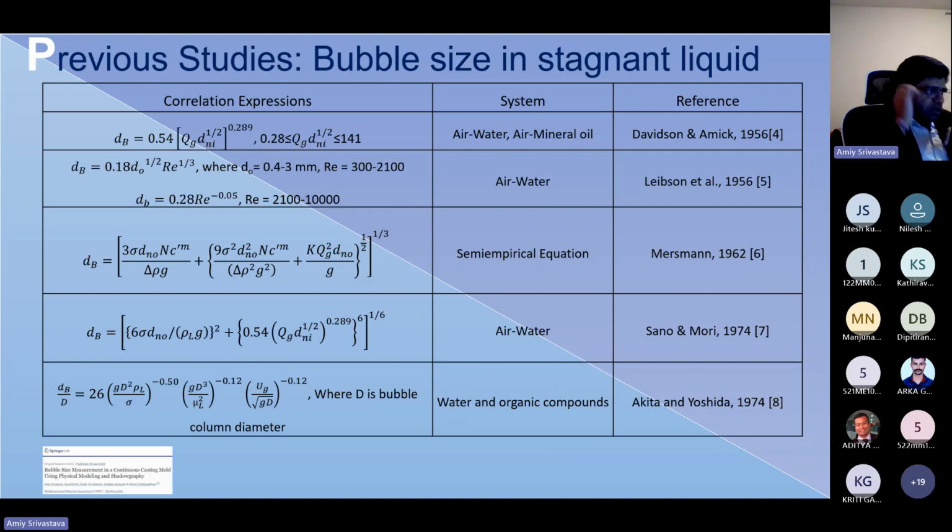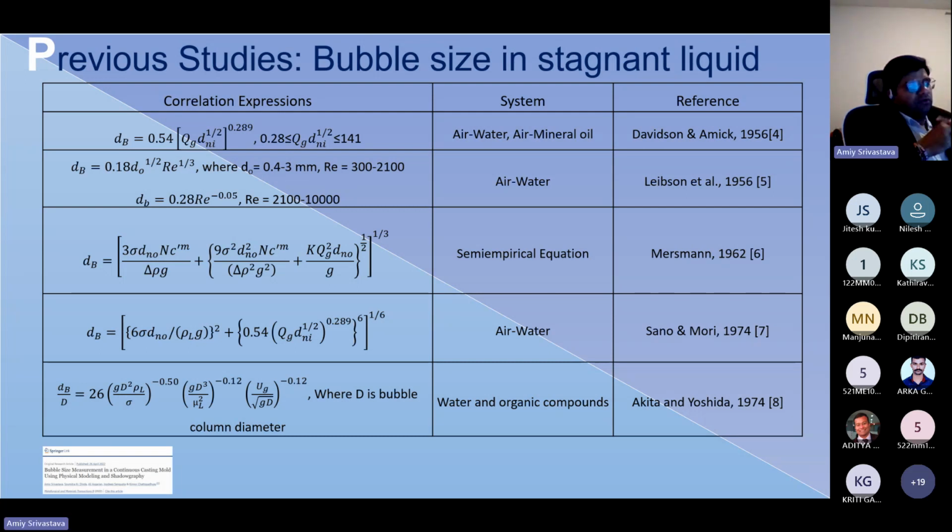What we wanted to know, basically, was to perform an optimization study, and for that we wanted to develop an equation which can tell us how a particular process parameter, for example viscosity or surface tension, is affecting the mean bubble diameter through the width of the mold.